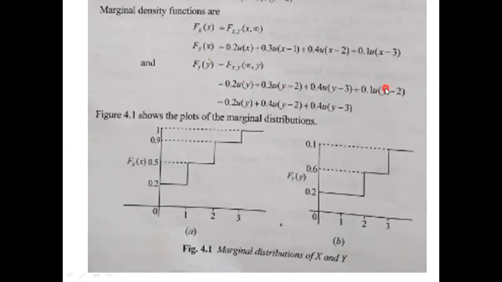That means the same terms will be there. So here the coefficient is 0.3. Here the coefficient is 0.1. So what happened here? 0.3 u of y minus 2 plus 0.1 u of y minus 2 is equal to 0.4 u of y minus 2.